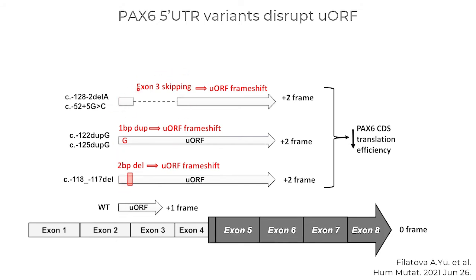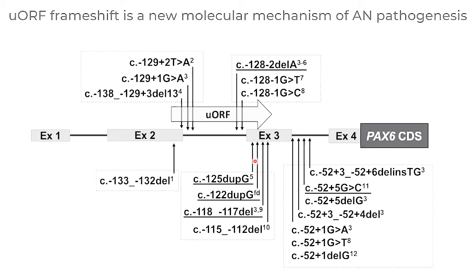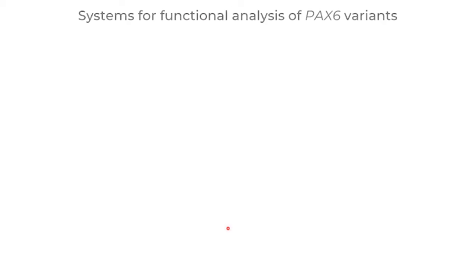Splice variants, as well as small insertions and deletions, lead to the same upstream ORF frame shift and formation of an extended ORF. This extended ORF overlaps with downstream PAX6 coding sequence and thereby reduces its translation efficiency. Thus, we discover a new molecular mechanism of congenital Aniridia pathogenesis and showed that this mechanism is the main one for almost all known PAX6 5' UTR variants.